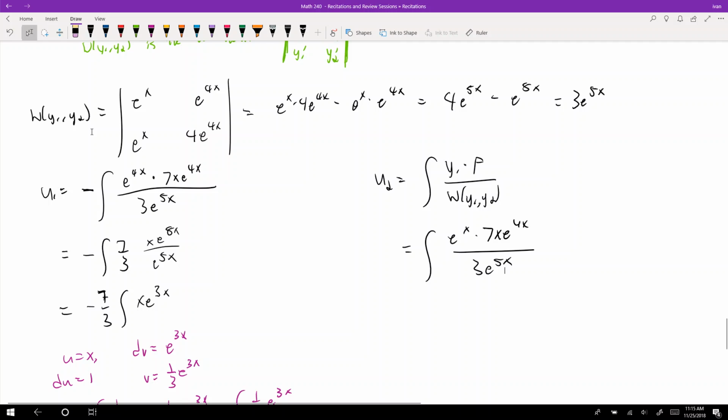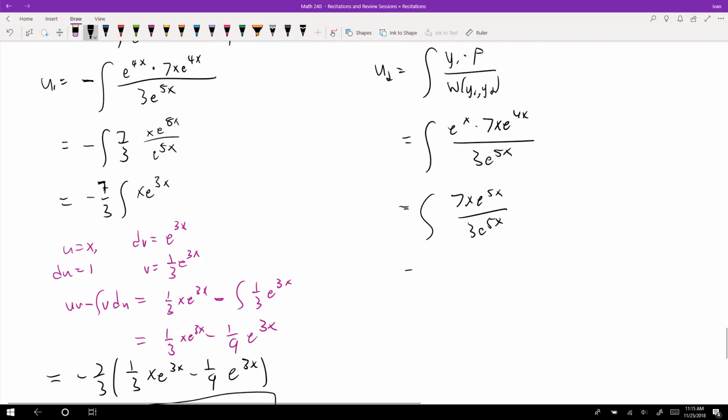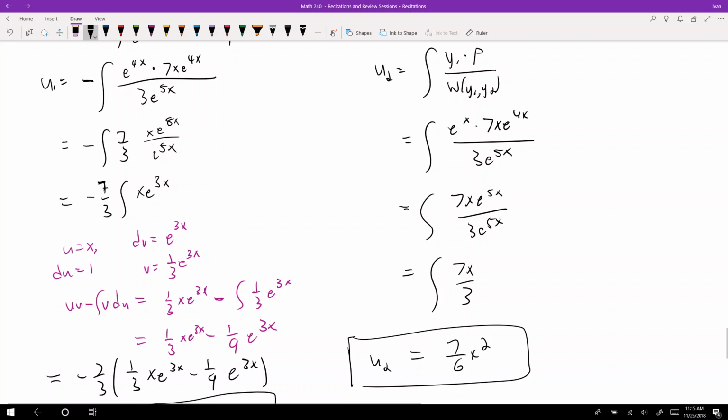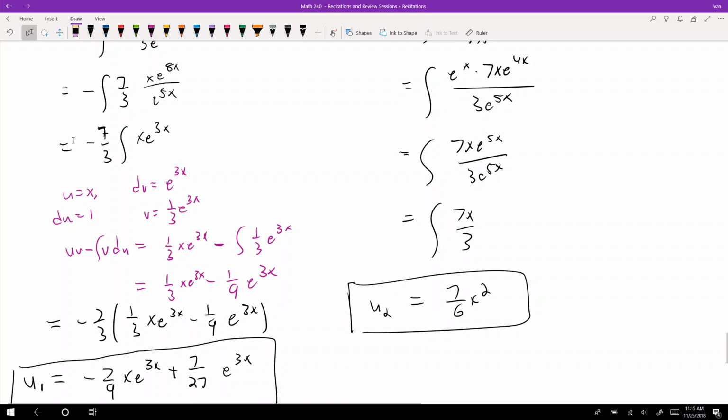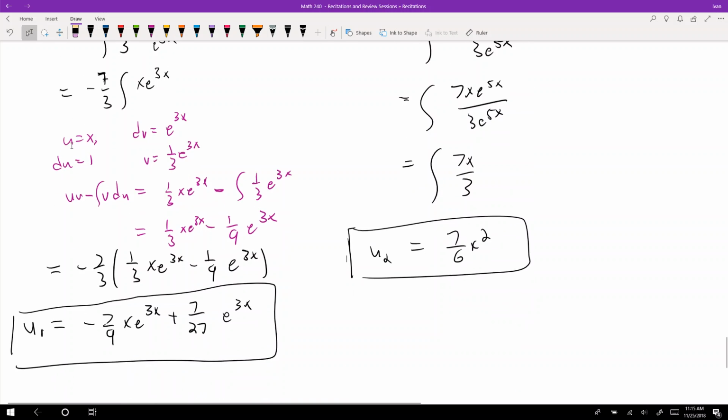This integral is so much better and so much easier to do. You get 7x e to the 5x over 3 e to the 5x. So the e to the 5x cancel. You get 7x over 3, and that's really then just 7/6 x squared. And that's going to be u2. So u2 was a very nice integral to calculate. u1 was a bit nasty, but hey, you win some and you lose some, right?